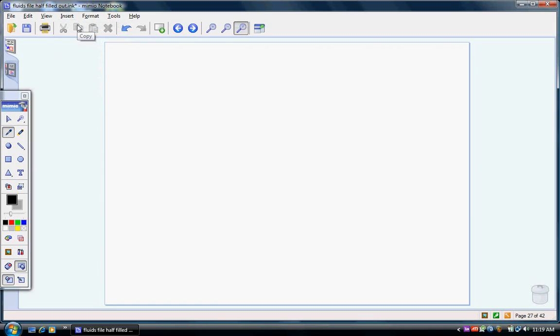So let's start off by looking at the weight of the whole piece of aluminum, the whole cylinder. That's going to be equal to the mass of the whole cylinder of aluminum times G.